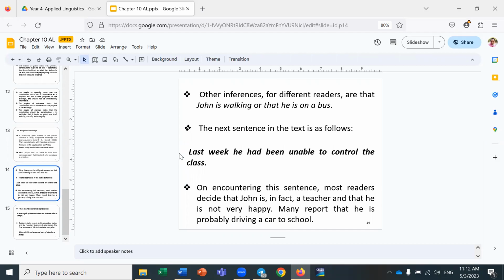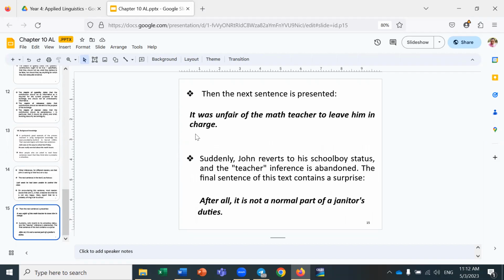That is, John is no longer a schoolboy. In that case, encountering this sentence, you know that John is actually a teacher. So when you read the next one, it was unfair for a math teacher to leave him in charge. Now you are saying that, oh, actually, John is not a teacher. You see? The last one, you know that John is actually a janitor.